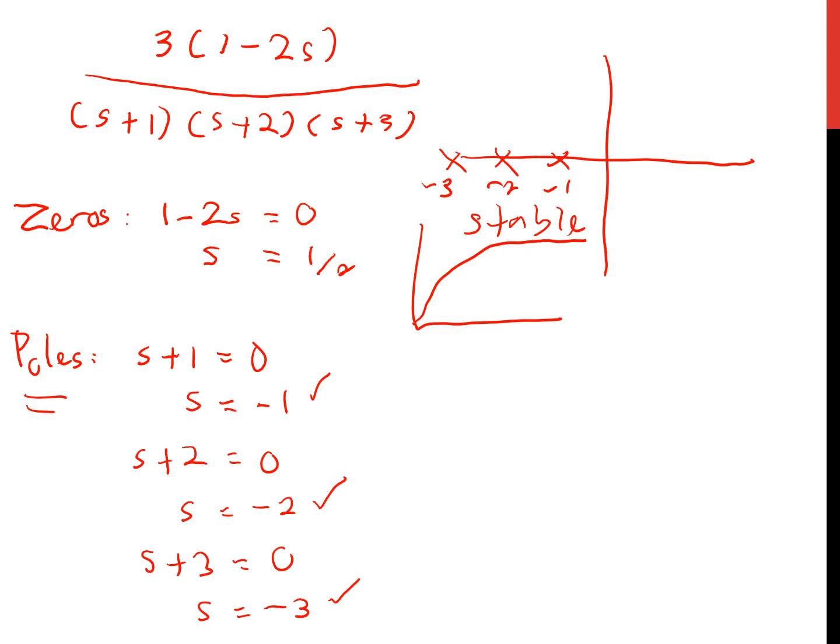Let's say another example. This value is negative. So when it is negative, the zero still remains the same, the s plus 1 remains the same, and this will be changed to negative 2, so s minus 2 equal to 0, giving s equal to 2.